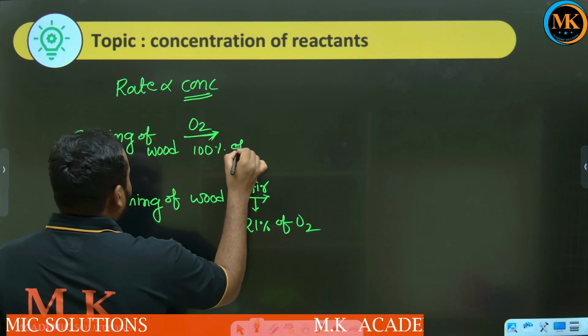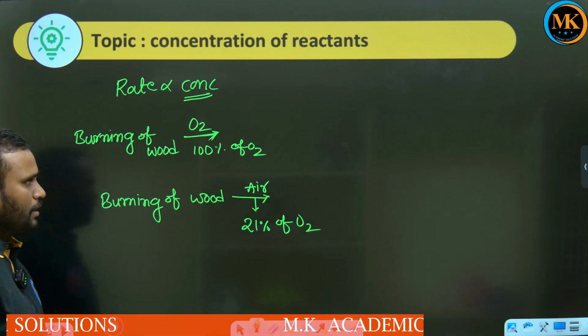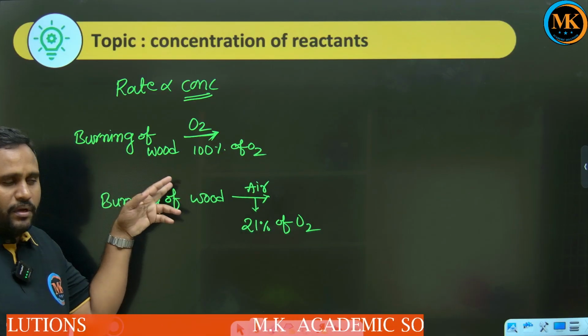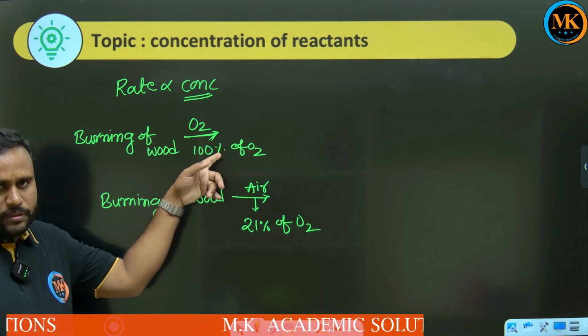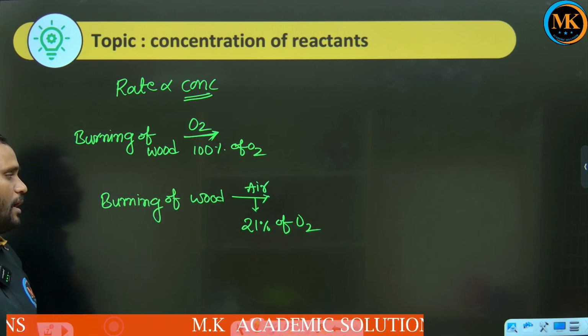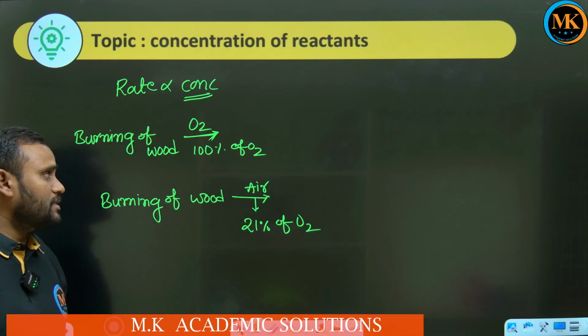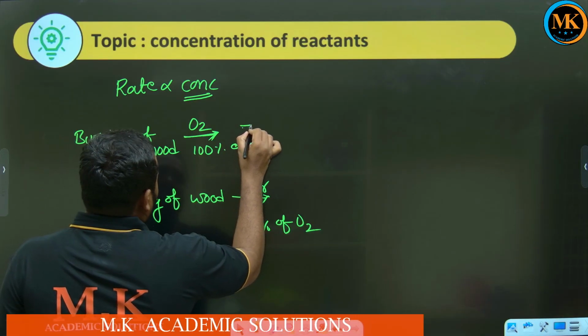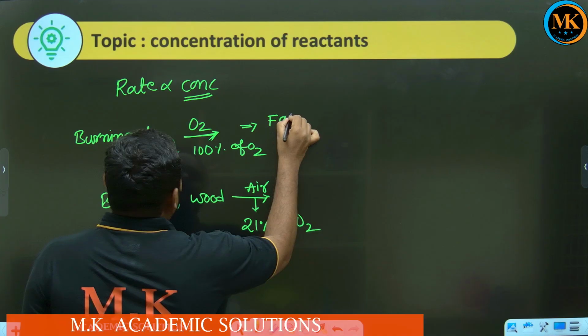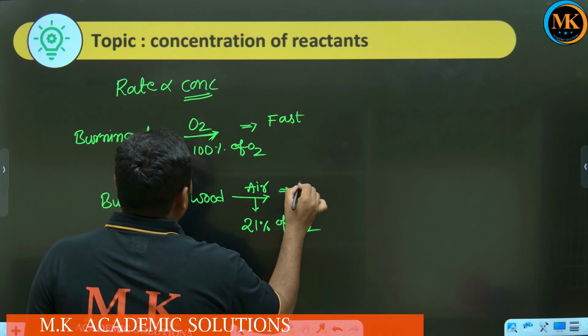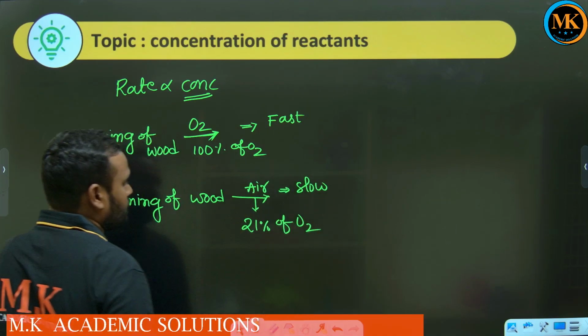So when you do the same reaction in presence of O2, meaning 100 percent oxygen, and in presence of air, which contains only 21 percent oxygen, this is the fast reaction and this is the slow reaction.